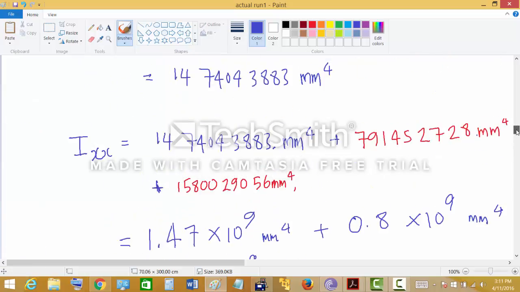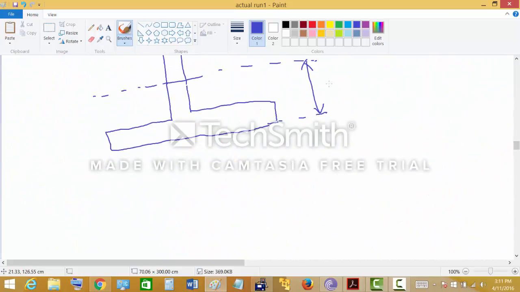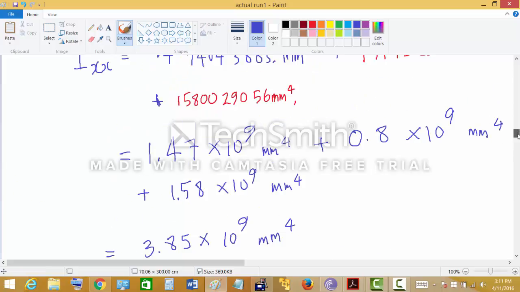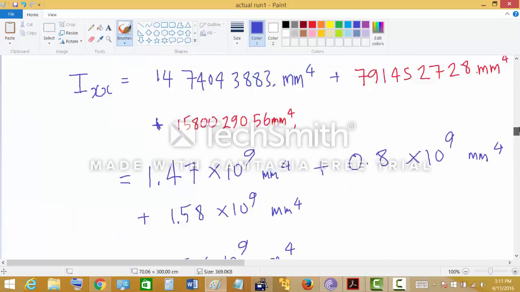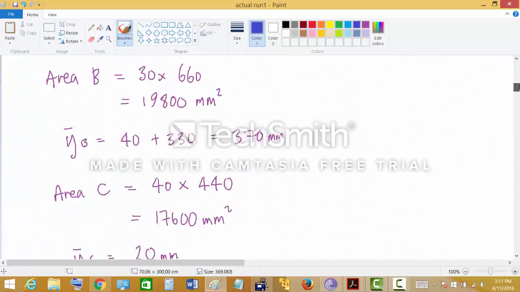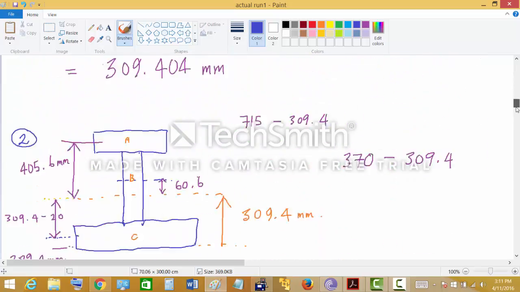So it was 309.4 millimeters, and the height of the whole beam is 730.